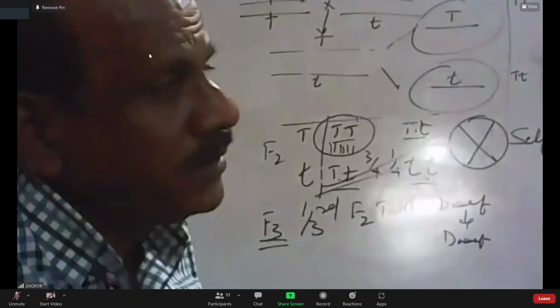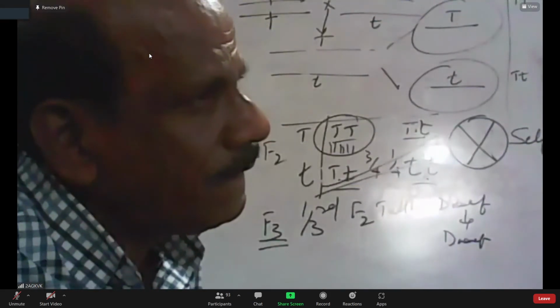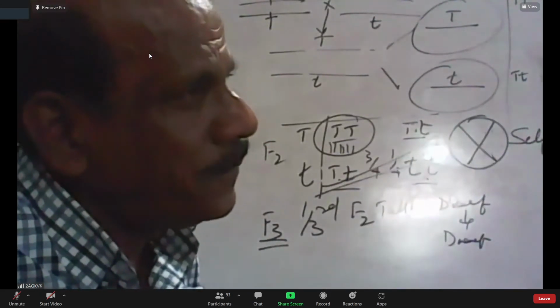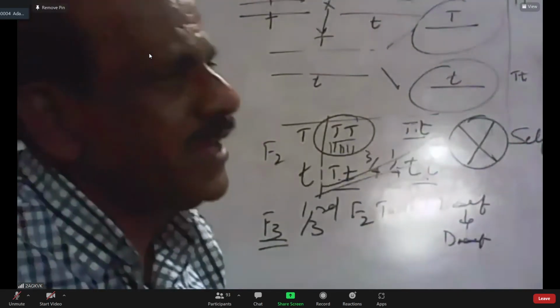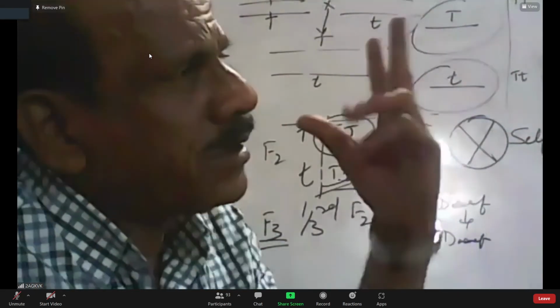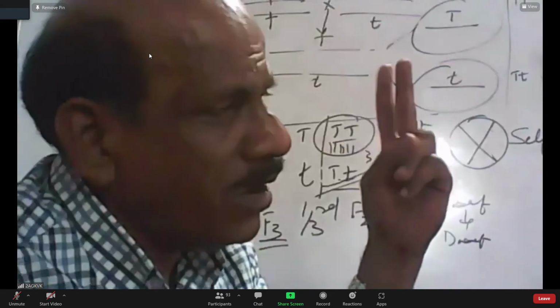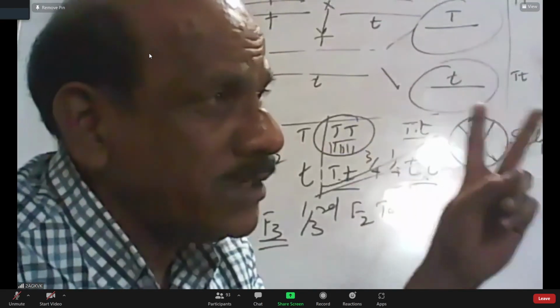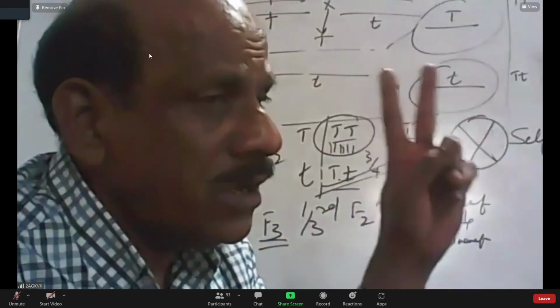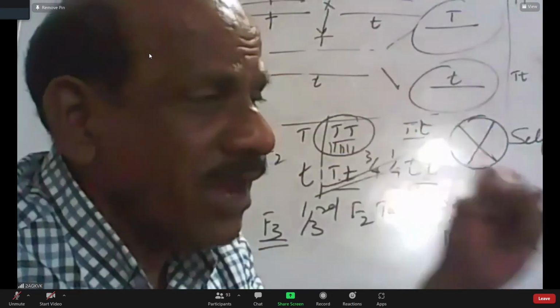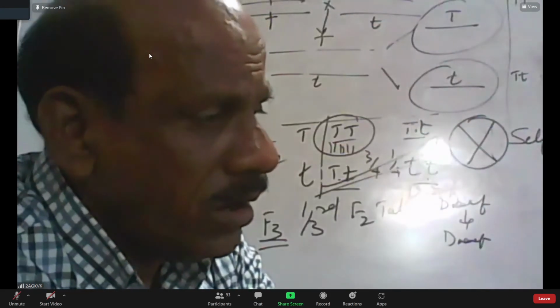So what is the law of segregation? When you make a cross between two contrasting forms, for example, a pure breeding tall plant into a dwarf plant, the resulting F1 is tall.